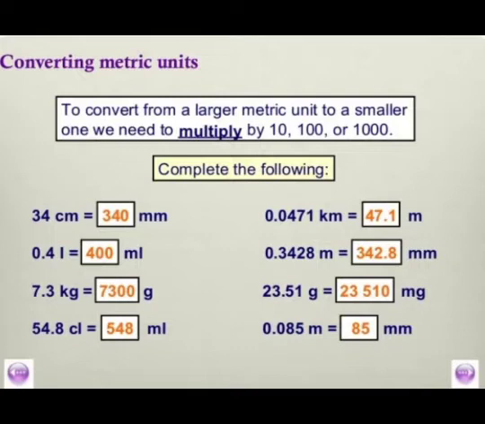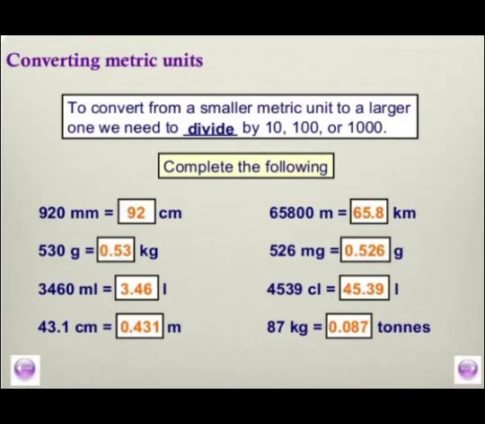So 34 cm is equal to 340 mm. 0.4 liter is equal to 400 ml. 7.3 kilograms is equal to 7,300 grams. 54.8 cl is equal to 548 ml. 0.0471 kilometers is equal to 47.1 meters. 0.23428 meters is equal to 234.28 millimeters. 23.51 grams is equal to 23,510 milligrams. 0.085 meters is equal to 85 millimeters.